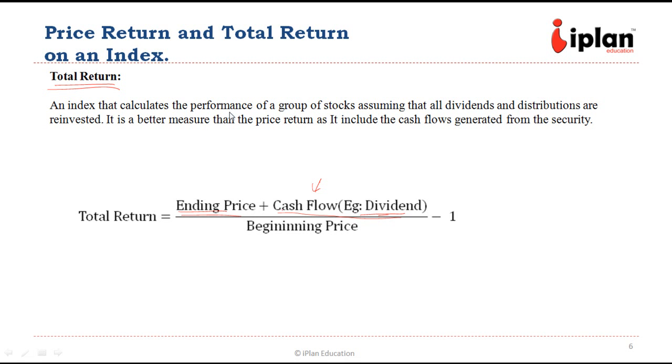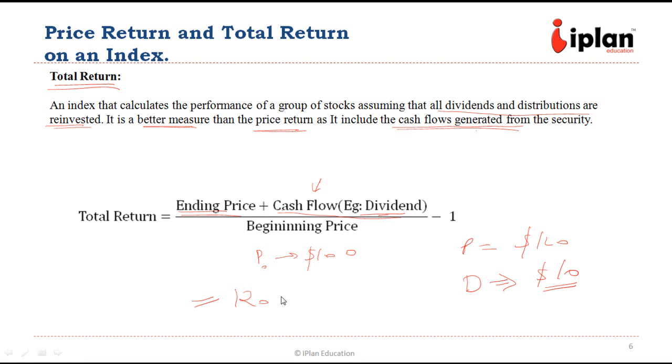So here we are assuming that all the dividends and distributions are reinvested in the index. This is a better measure than the price return since it is including the cash flows also. So this is giving us a complete picture. For example, earlier if the beginning price was $100, ending price was $120, and there has been a dividend paid, say for $10, then this 10 will also play a role in the calculation of total return.